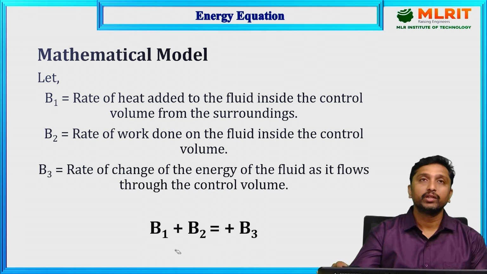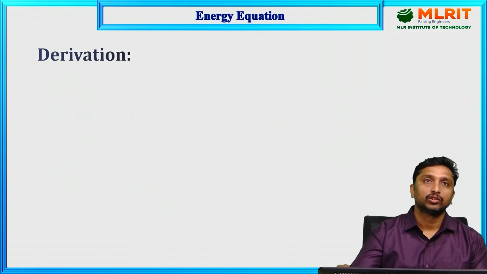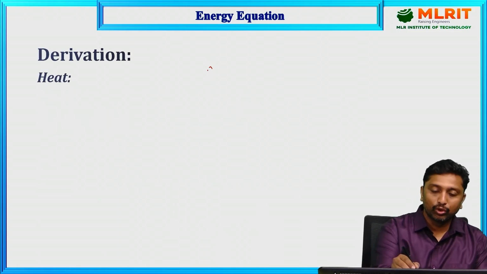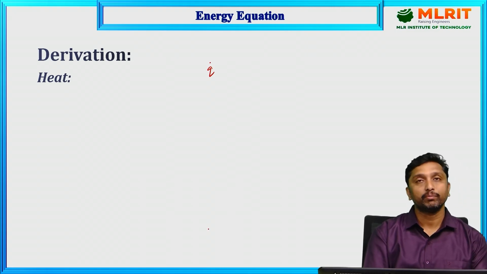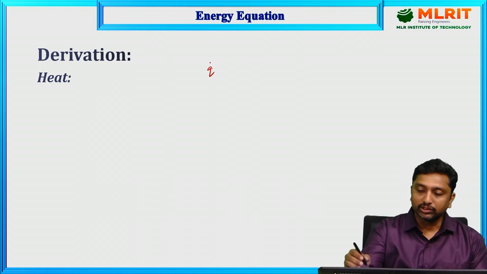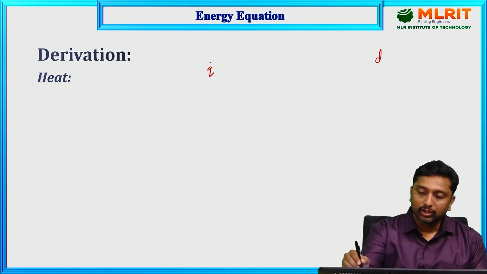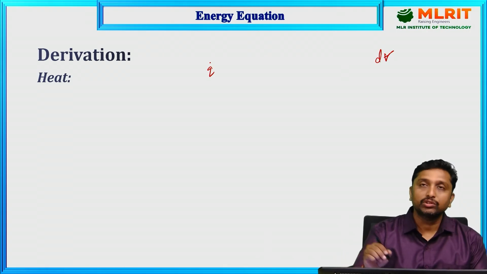So let us begin with the derivation. First, heat. As I mentioned, Q dot is the rate at which heat is added to the system per unit mass. If we consider the control volume, the elemental volume we considered was dV.